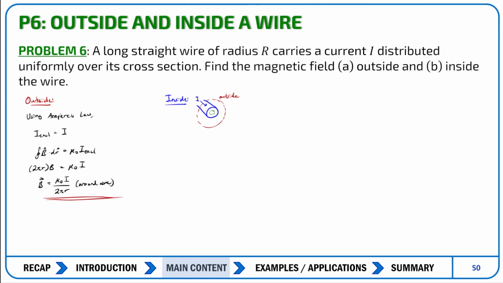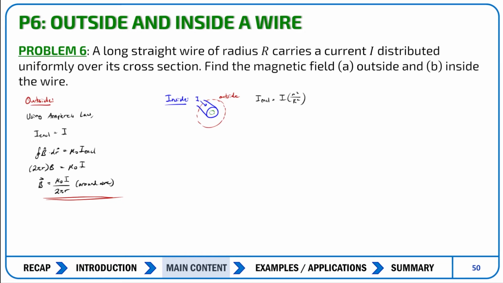This tells me that only a portion of the current is going to be enclosed, so therefore I'm going to have to redefine I enclosed as some sort of I times some sort of ratio. So it'll be the little radius of the green Amperian loop here divided by the total radius. So that's how much is enclosed.